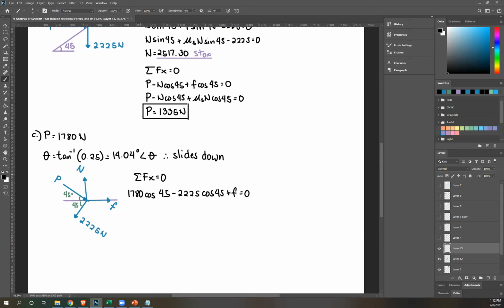So F is equal to 314.66 Newton. And since your object slides down, friction opposes that. So the direction of your friction is drawn as an arrow upward to the right. There, that's number 1.